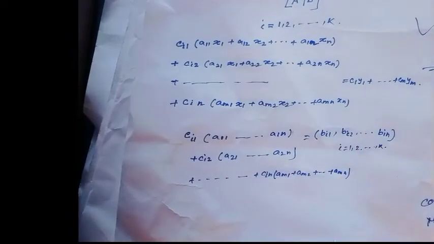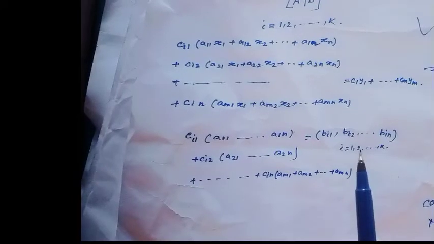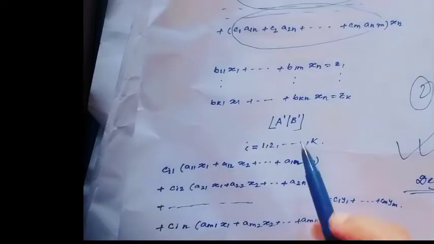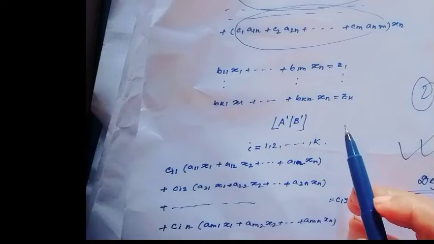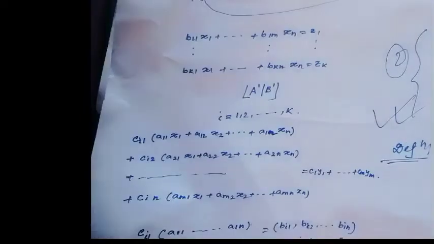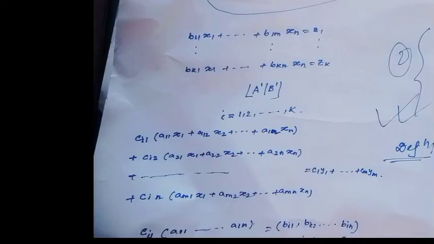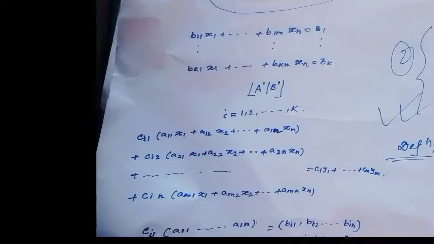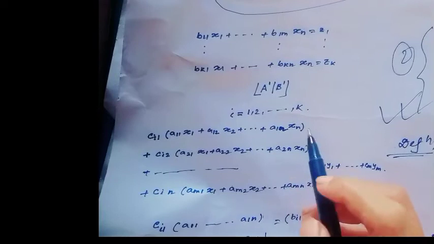Have you understood? This augmented matrix here will always be different from the original augmented matrix, because the coefficient matrix A bar is different.